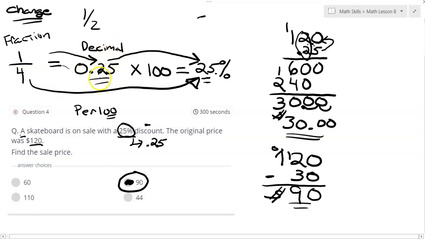And the way we would do that is that it would be 25 divided by 100. And the equivalent fraction of that is, how many times will 25 go into 25? 1 time. How many times will 25 go into 100? 4 times. So there you go, 1/4.